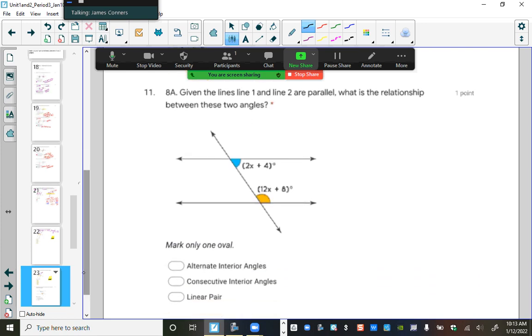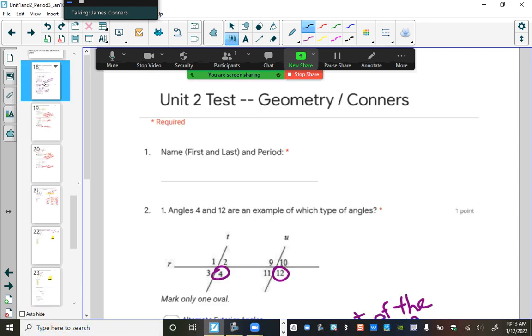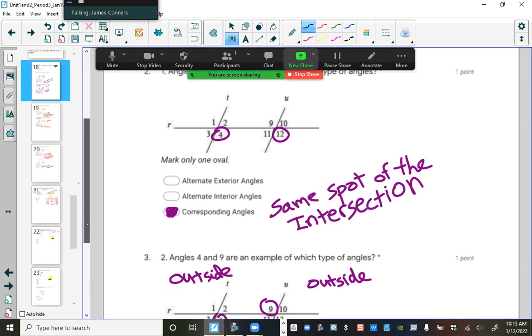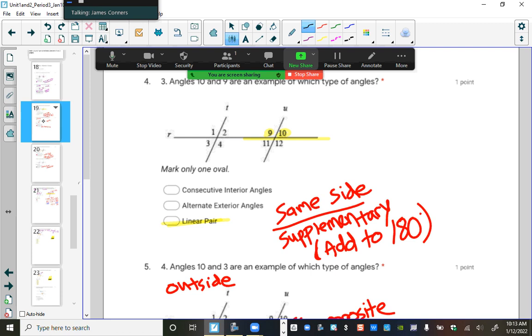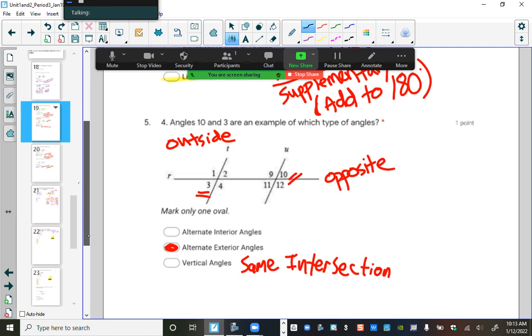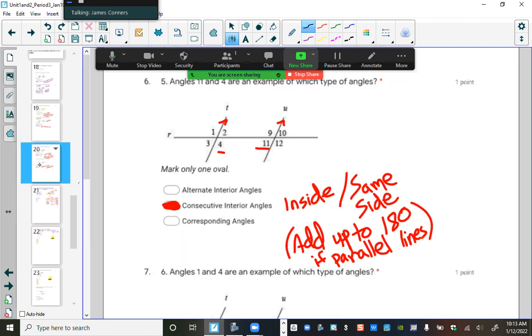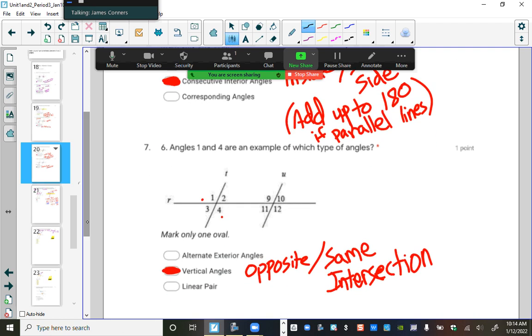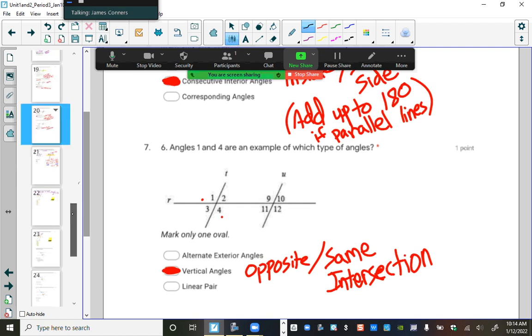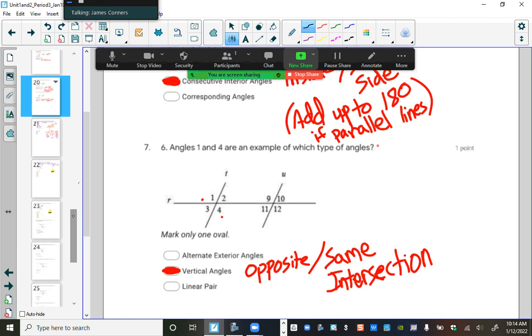This is where all of the beginning, the types of the relationships that we have between our angles are now going to come into play. Alternate interior, alternate exterior, corresponding, linear pair, exterior, interior, consecutive, and vertical. All those ideas are going to come back to us.